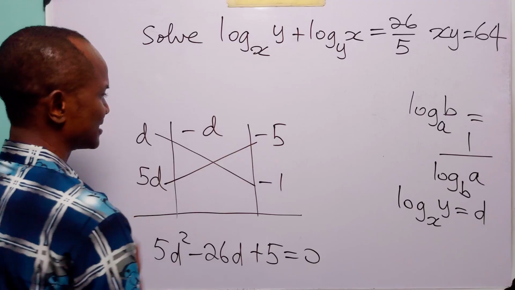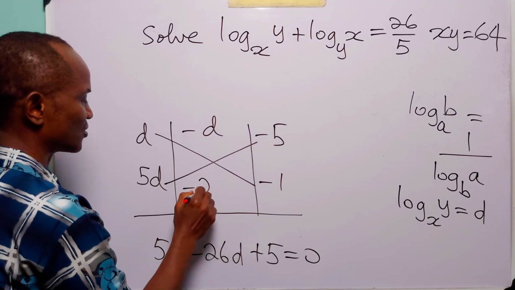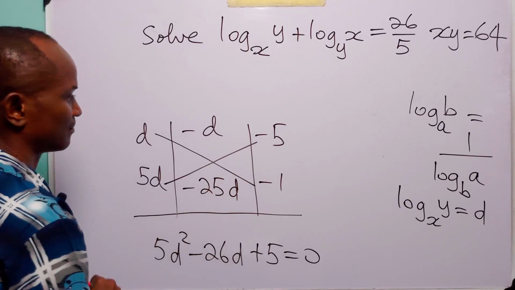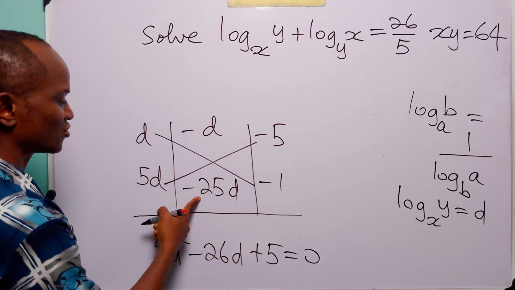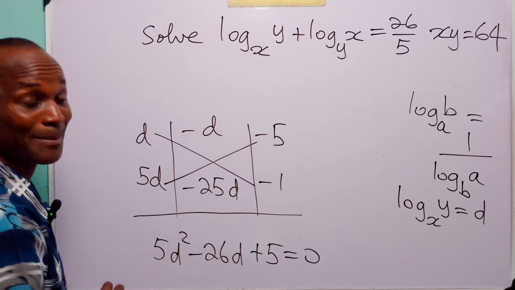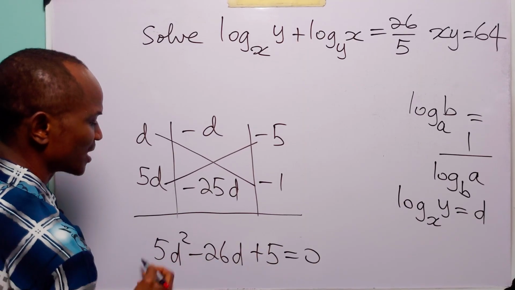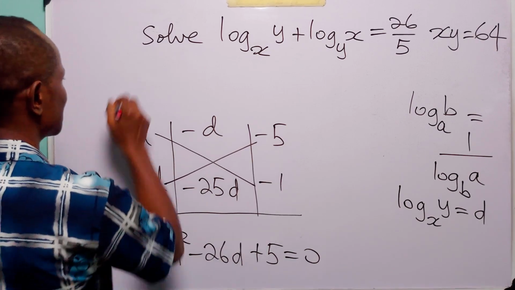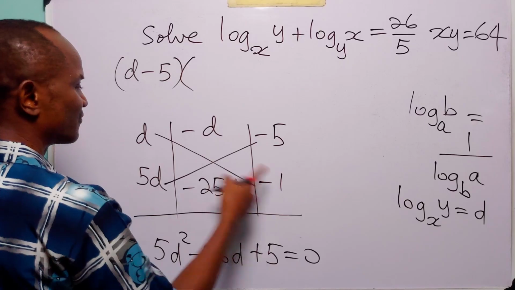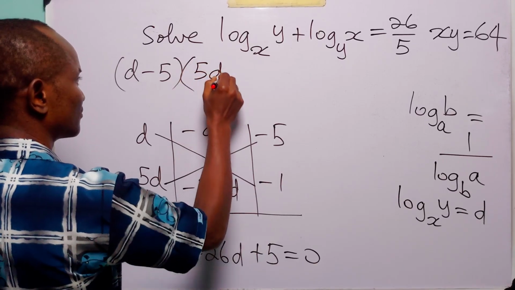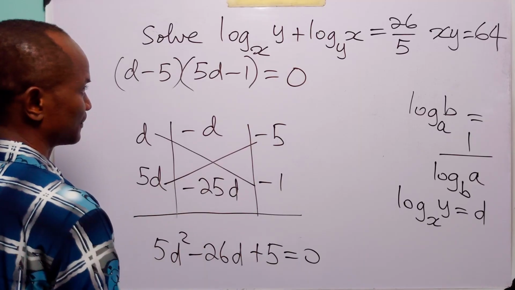And when we multiply this by this, 5d times minus 5 is minus 25d. Minus d plus minus 25d is going to give us minus 26d. So we have that the factors of this quadratic equation will be d minus 5 and 5d minus 1. And of course, this is going to be equal to 0.